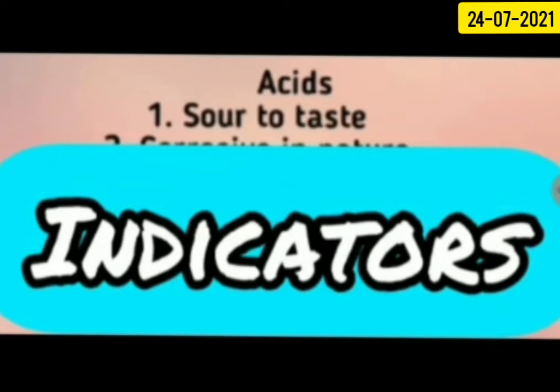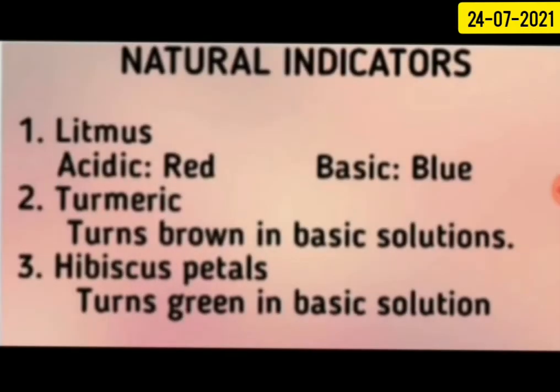The indicators are two types: natural indicators and synthetic indicators. Natural indicators: litmus, turmeric, and hibiscus petals.